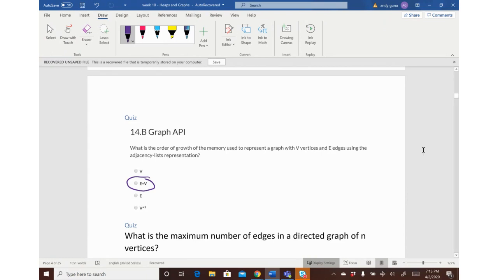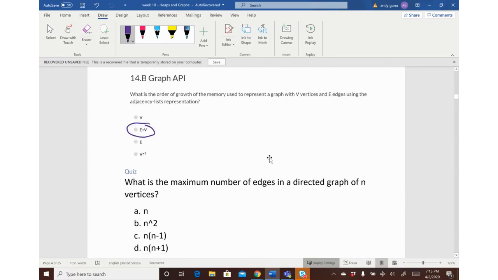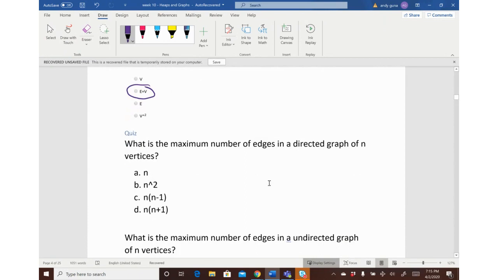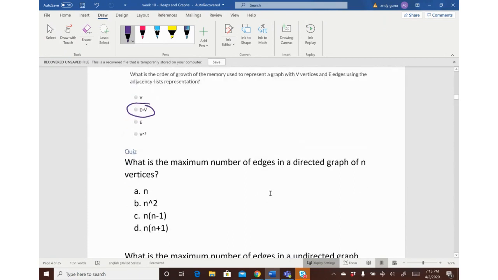Okay. So the next question is, what is the maximum number of edges? Let me start another poll. You can think about this.